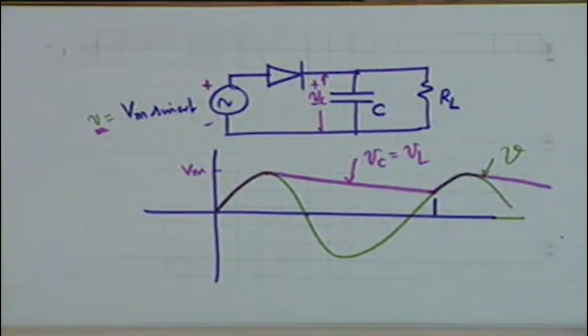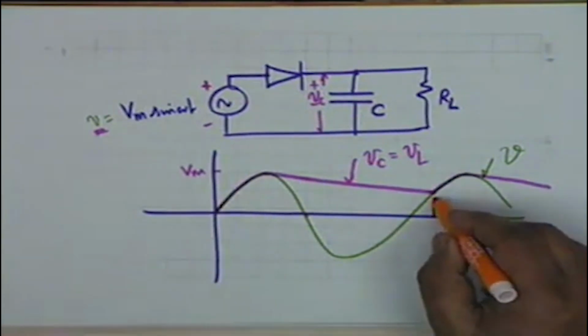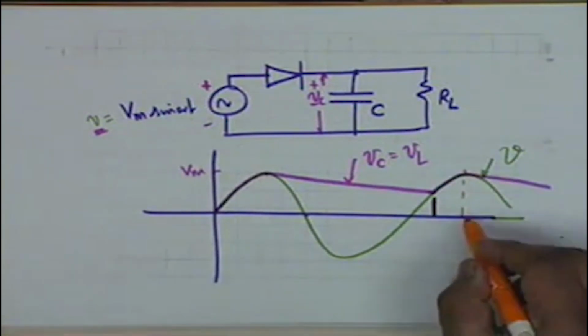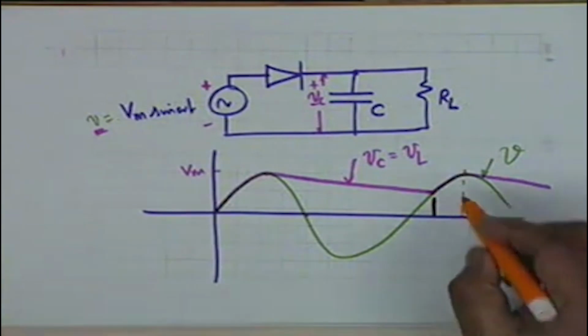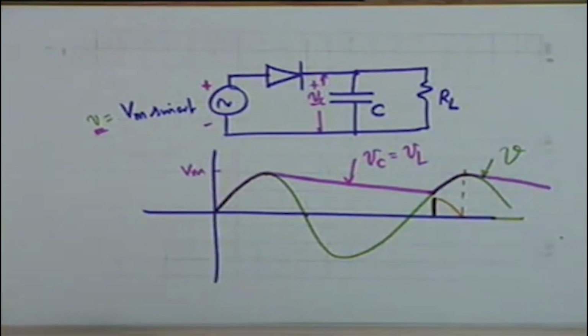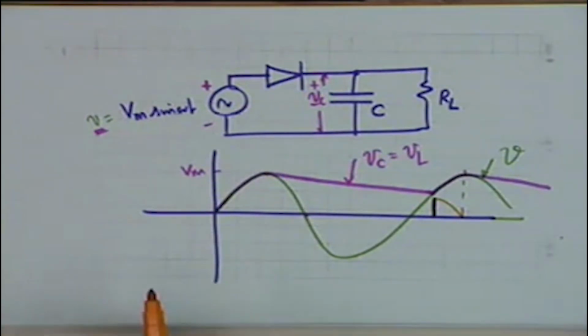Let me use a different color. The diode starts conducting here. Suddenly the diode current rises, and when does the diode stop conducting? At this point. And therefore what happens is the diode current flows like this. It flows in a pulse during a part of the half wave.